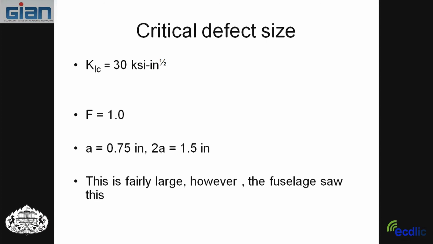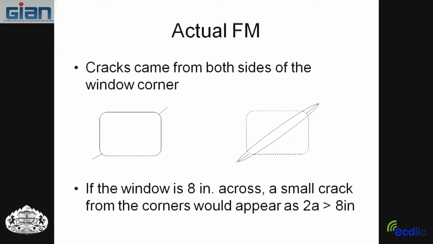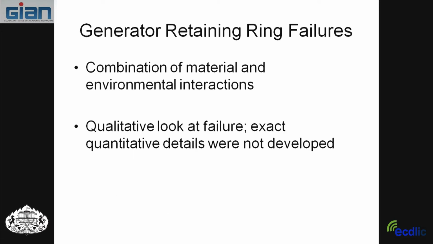And so the critical defect size 2a was 1.5. When it got far enough away from the influence of that, then it burst. So that was a problem for this aircraft. That's just a quickie, but it shows you how fracture mechanics could predict that you would get a failure.